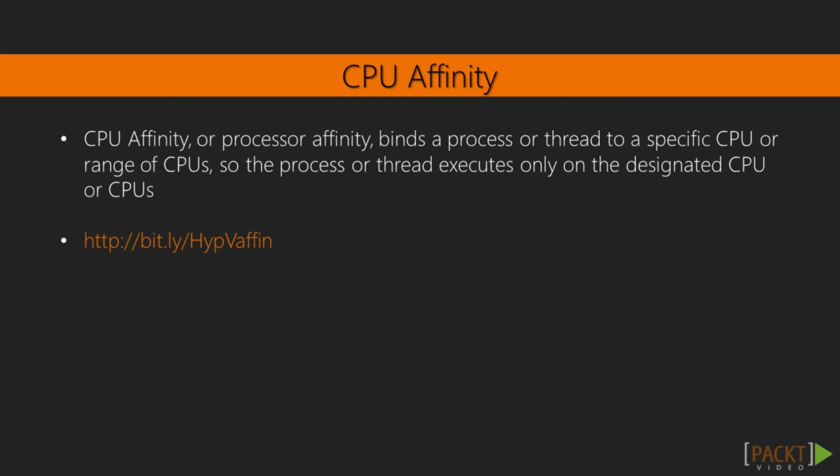CPU affinity, or processor affinity, binds a process or thread to a specific CPU or range of CPUs, so that the process or thread executes only on the designated CPU or CPUs. CPU affinity is also known as CPU pinning, as you effectively pin the processes and threads to a specific CPU or set of CPUs.